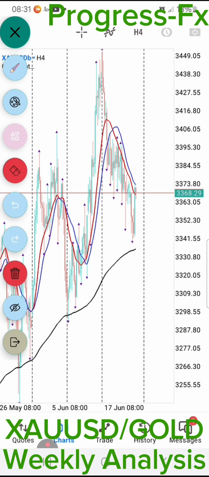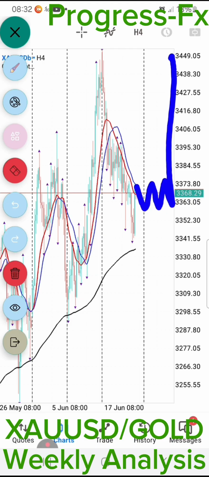That is tomorrow, which is Monday, till Friday. Or it is going to range sideways before bullishing this coming week. And I will show you how to find your entry from here.